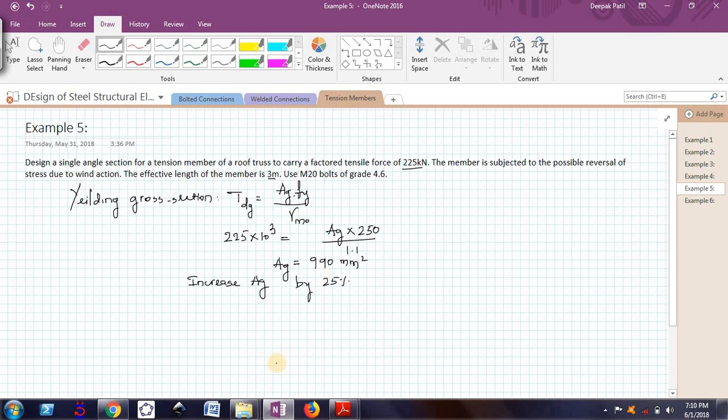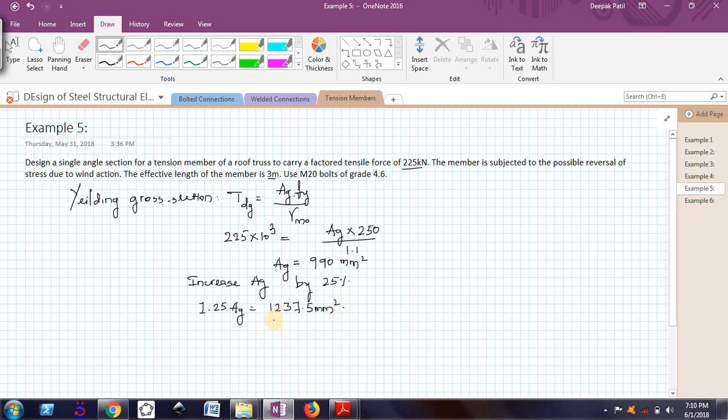So instead of redoing the calculation, initially itself I will be a little on the conservative side and go for some higher size, that is 1.25 times Ag. If I increase that Ag by 25%, I get Ag required as 1237.5 millimeter square.